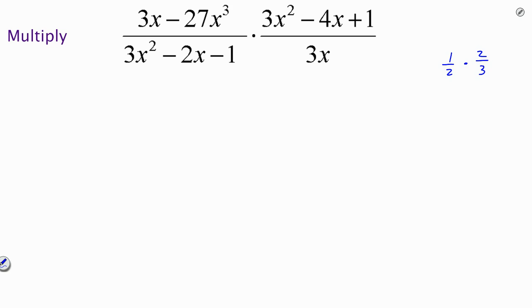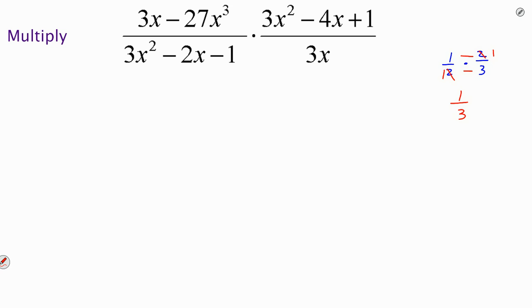But if you notice in the example, the 2's both have a common factor. I have a 2 on the top and a 2 on the bottom. So those would divide out, leaving a 1. To simplify this before I even multiply, 1 times 1 is 1 over 1 times 3 is 3. So I can simplify before I multiply straight across, and that's what I'm going to do with rational functions.